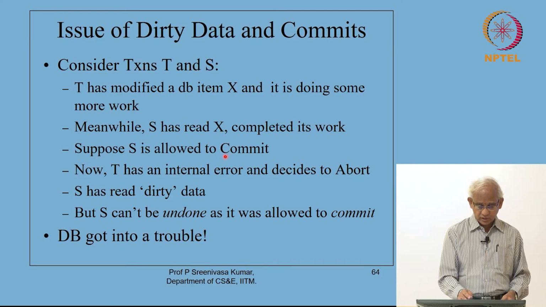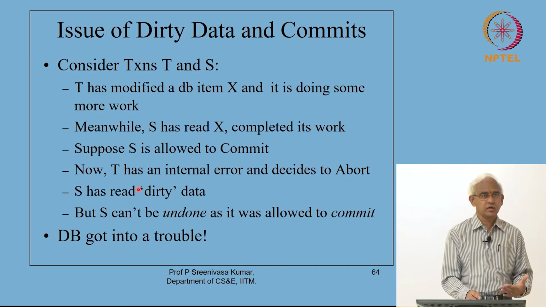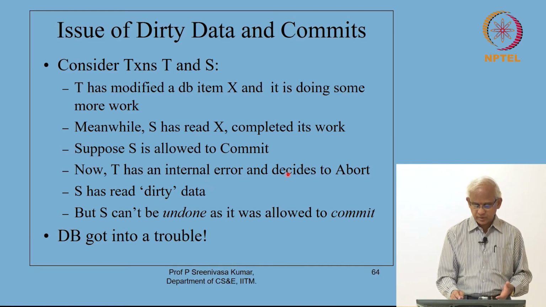Suppose now S is allowed to commit by our transaction system, and after that T, which has released the lock on X and is proceeding with some work, finds that it has no more items to read, but it has found some internal error and decided to abort.